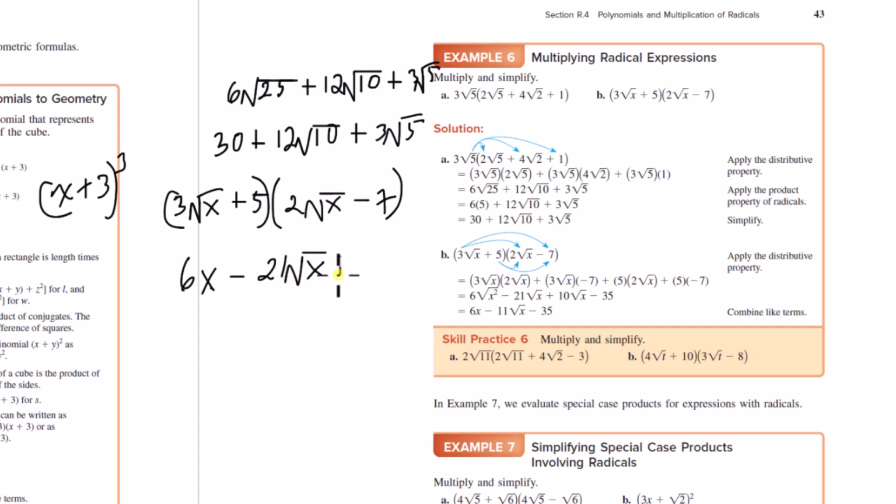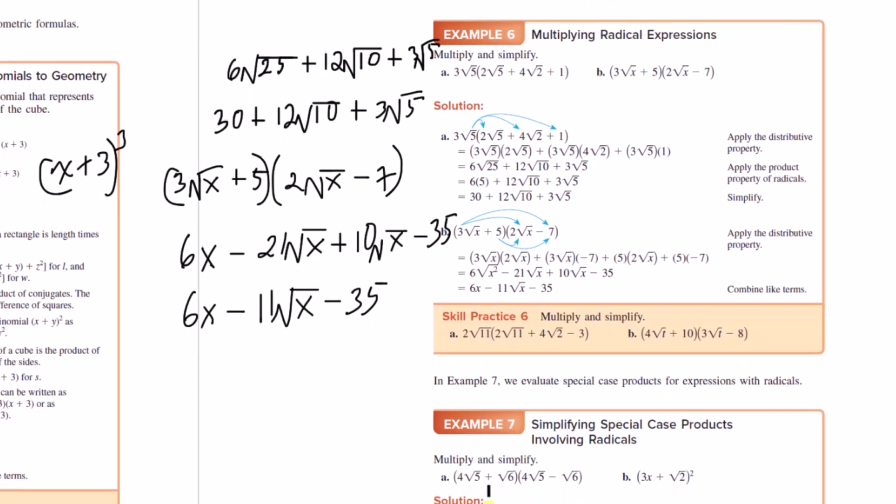Then plus 10 root x, and then minus 7 times 5 is 35. Okay, so 6x, and now these are like radicals, right? Minus 21 root x plus 10 root x. The coefficients are different, but the radicals have the same index, same radicand, so we can combine those. Minus 21 plus 10 is minus 11. And there we go. We can't do anything more from there.